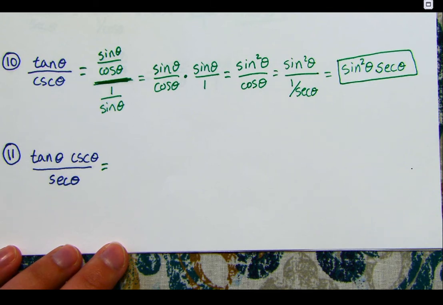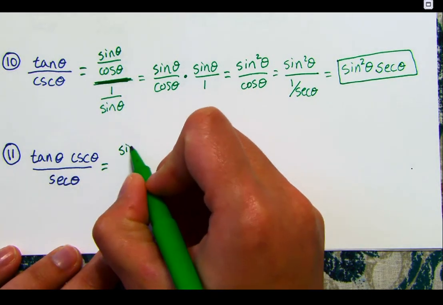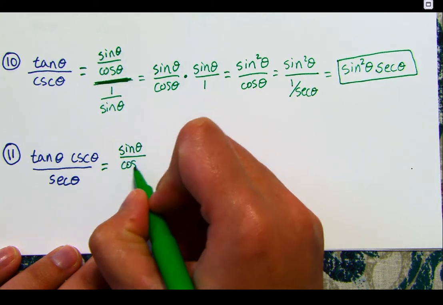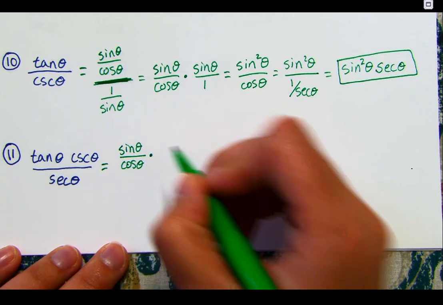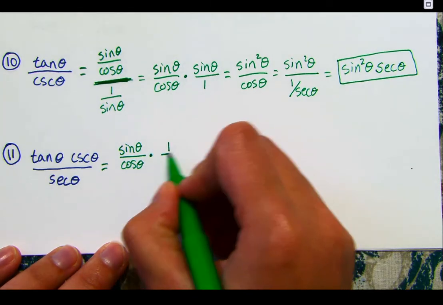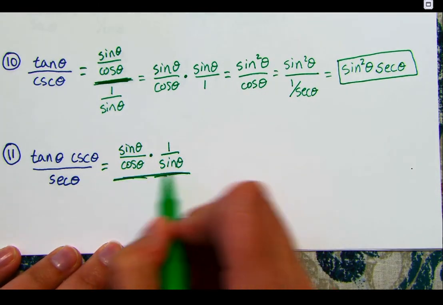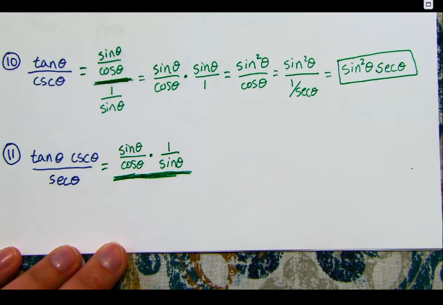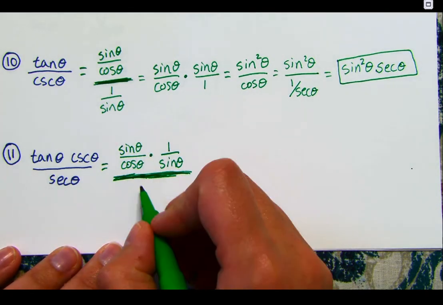And that's going to be true most of the time. So tangent we are replacing with sine theta over cosine theta. And at the same time, I'm also going to replace the cosecant with its reciprocal, so 1 over sine theta. And then I'm going to make this fraction bar a little thicker so I remember where that original one was. And then for right now, I'm just going to leave this and work with my numerator.